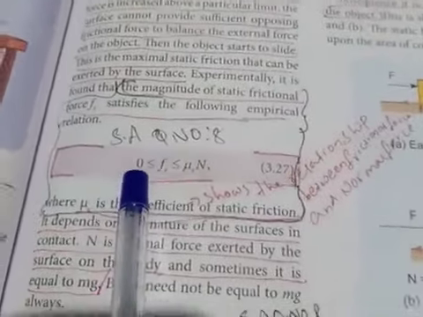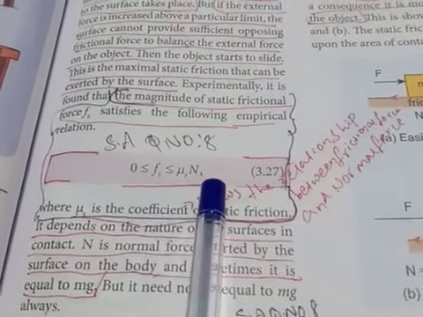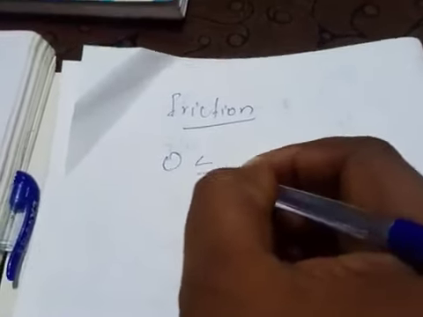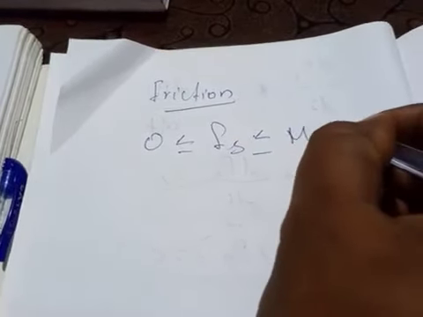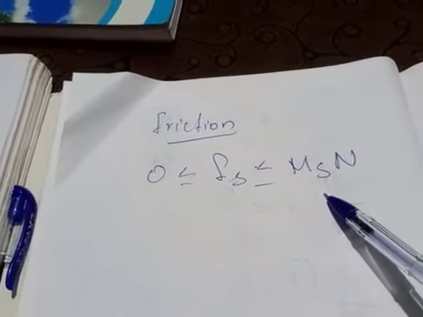So there is a condition given for static friction. It is a short answer question. You see 0 less than or equal to Fs less than or equal to mu(s) N. What is this mu(s)? It is the coefficient of friction. So N means normal force, and mu s means the coefficient of static friction.